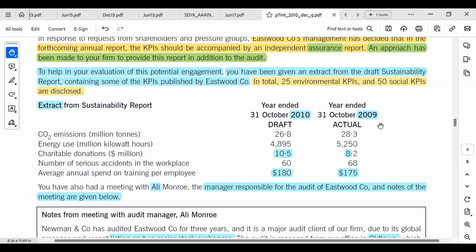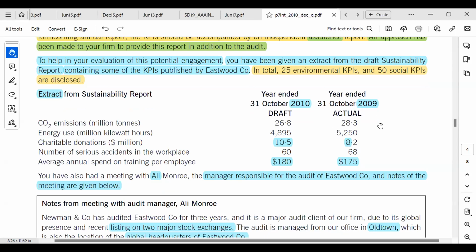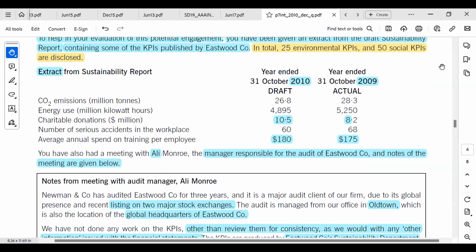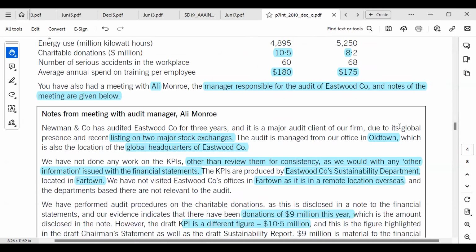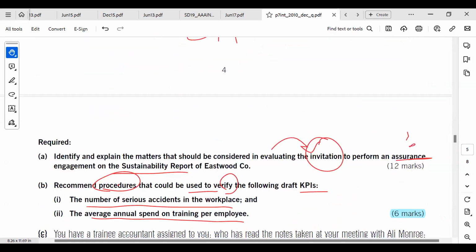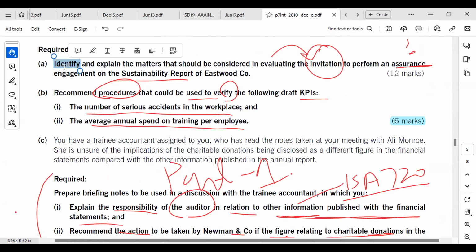Right? So this is a so old question, and this so old question was on sustainability, social environment, 2010. And this question is such a good example of a sort of question you might find in upcoming exams. Look at the requirements. Look at the first requirement.